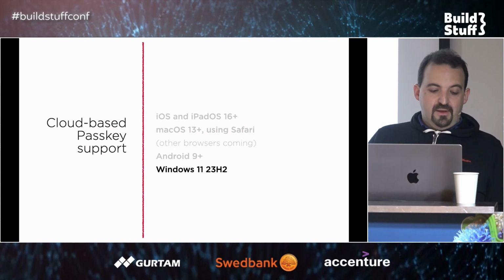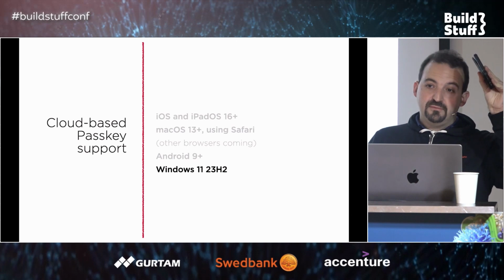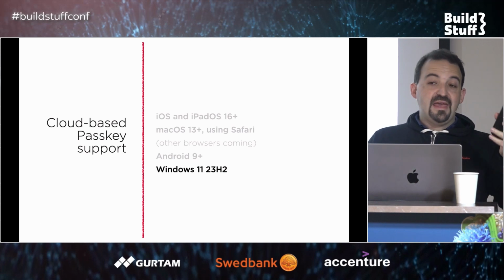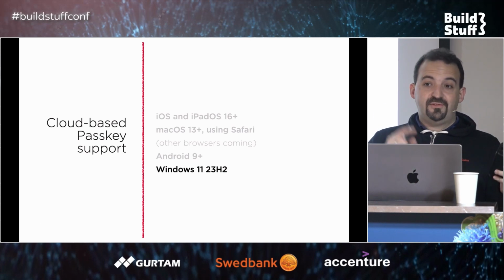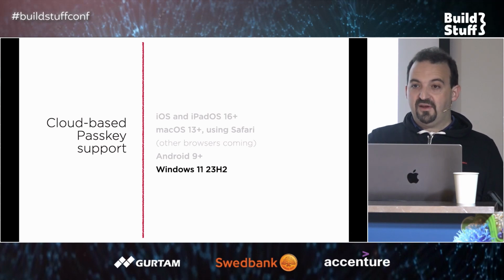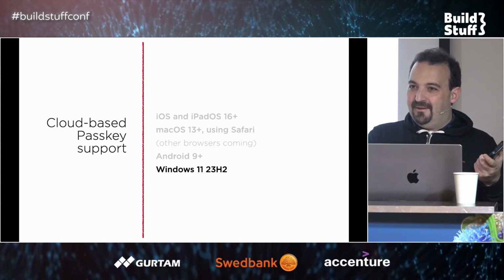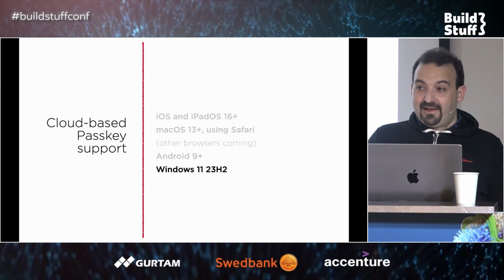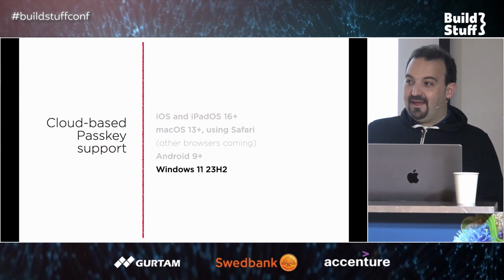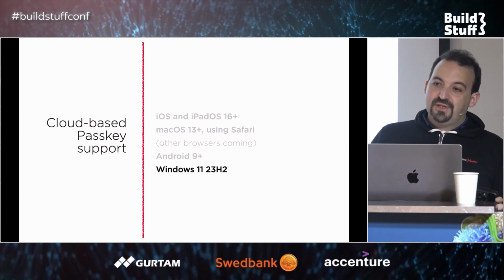That if I create a passkey on my phone with my face, I can then use that passkey on my Mac with my finger, without actually sharing the passkey manually. Because it's the same iCloud account, it doesn't matter, if I'm authenticated into the system, it's going to work.